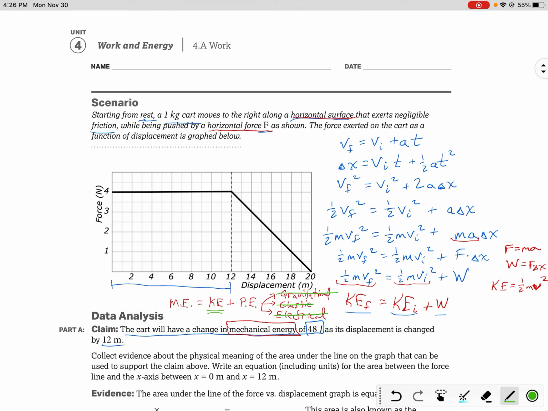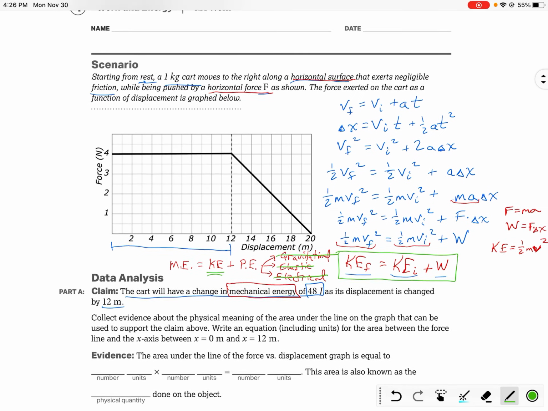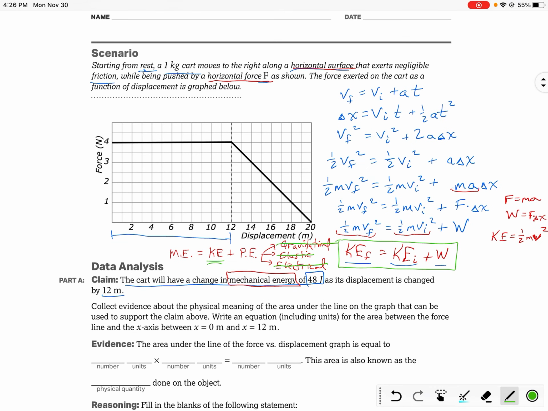So let's go ahead and figure out, well, what is the evidence that supports this claim? Well, we know that from this analysis that the work that we do is going to cause a change in kinetic energy. So, and we know that work is force times displacement.